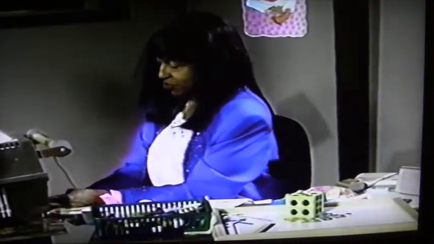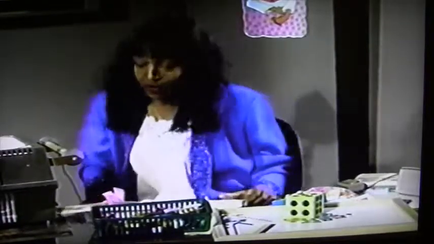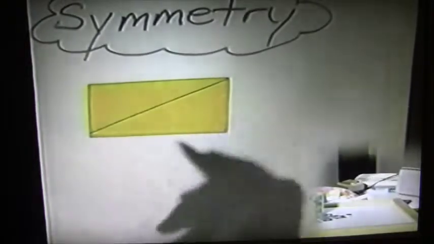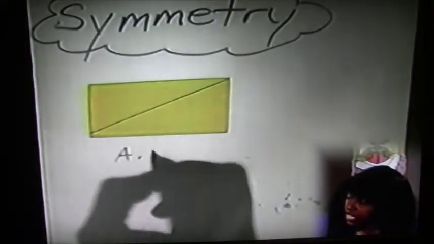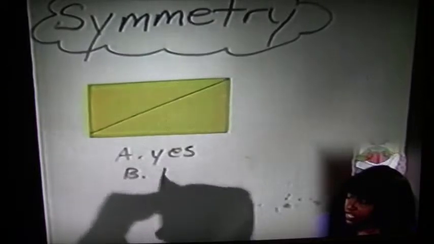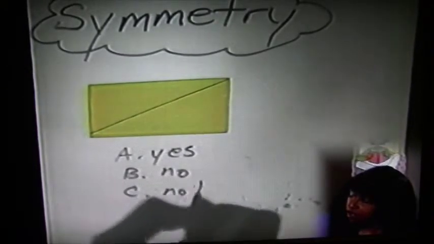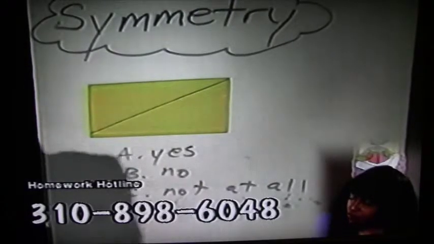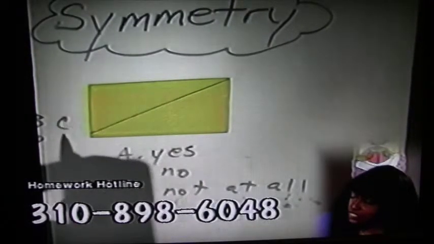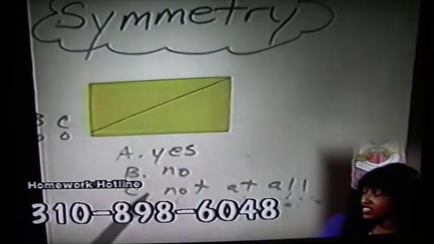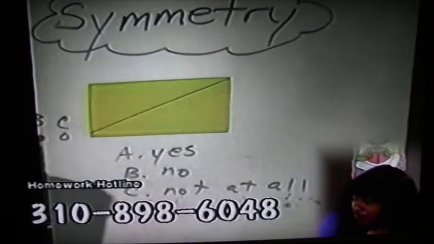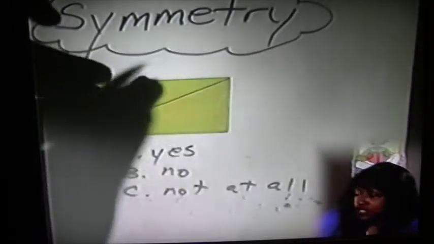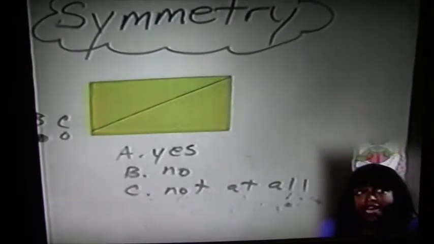Was it a line of symmetry? Yes or no? Well, let's look at it. Go back to the overhead. We have the question. A would be yes. B would be no. C would be not at all. And you have your Scantron. Circle A, B, or C. Well, the answer for this one is no, B. If you would fold this half over to that half, it would not equal that.